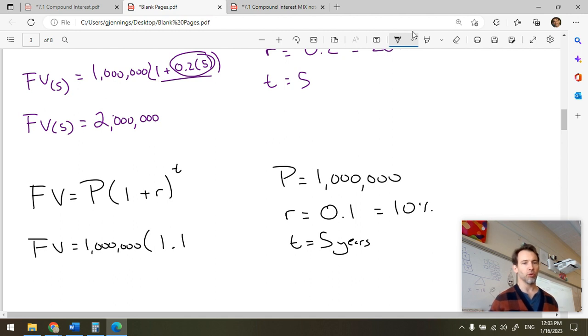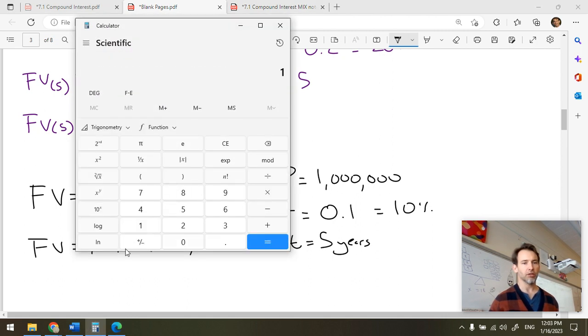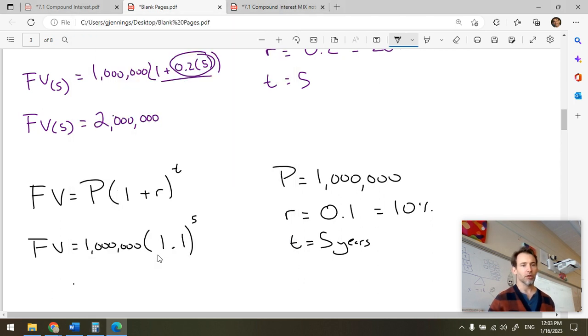That's 1 plus 0.1 is 1.1 raised to the power of 5. That is hard to do in your head, so do it on a calculator. 1.1 raised to the power of 5 equals 1.6. So in this case, the future value will be equal to 1.6 million.